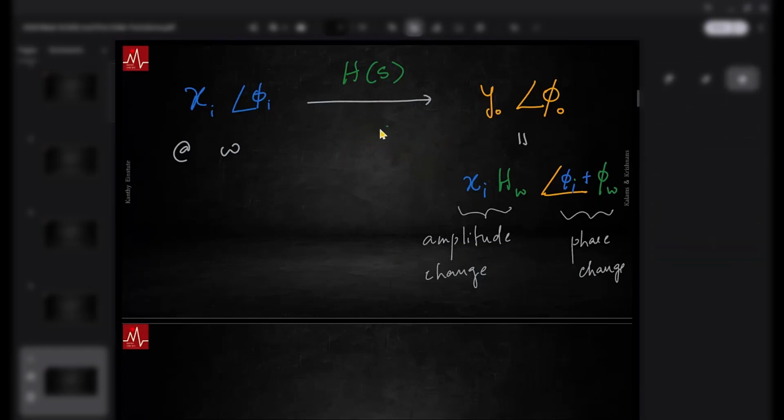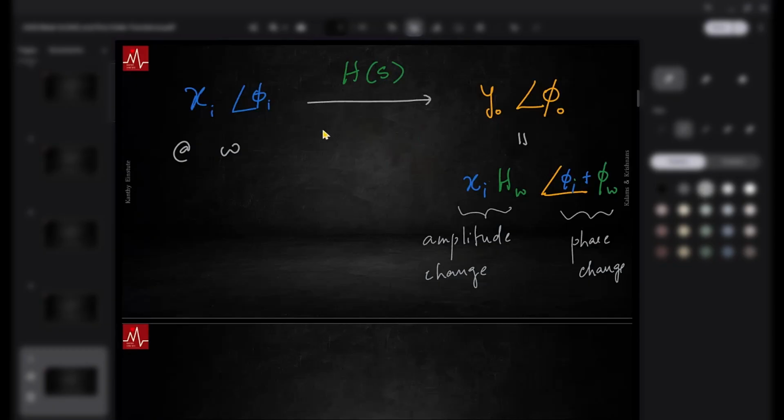Impedance is a simple example. At omega, this will be H(omega) with a phi(omega). What is not explicitly stated is that for frequency response, you are concerned with steady state.